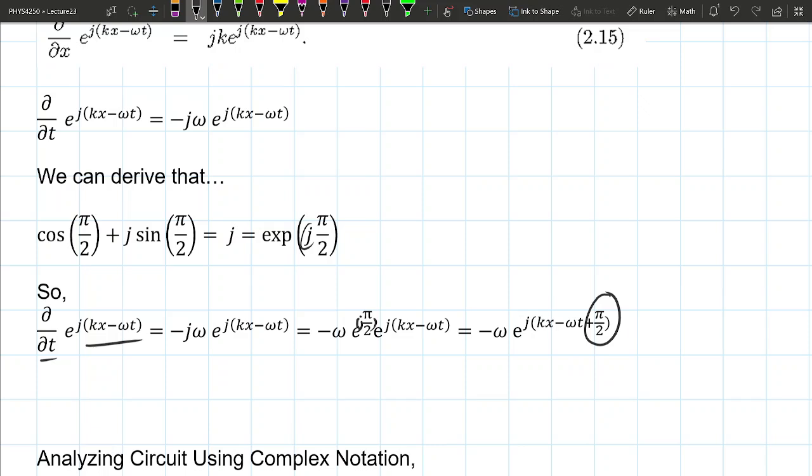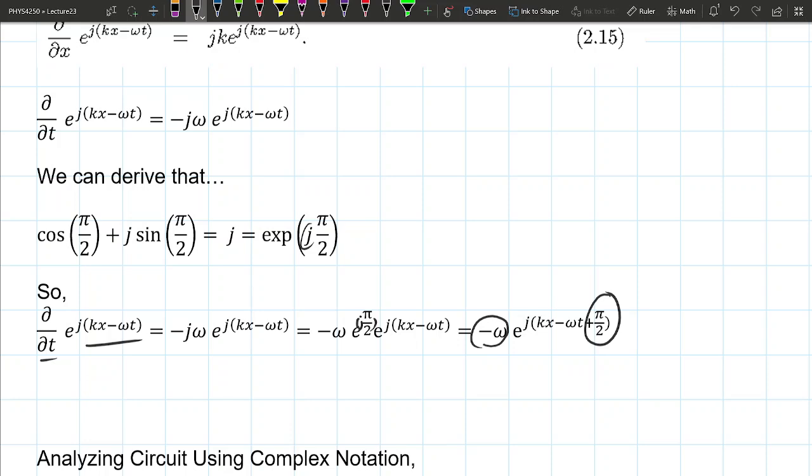These are called phase shifts. When you shift a sine or cosine function, you're just adding this constant angle to it. Of course, there's still this negative omega thing, but that's going to get absorbed in the amplitude.